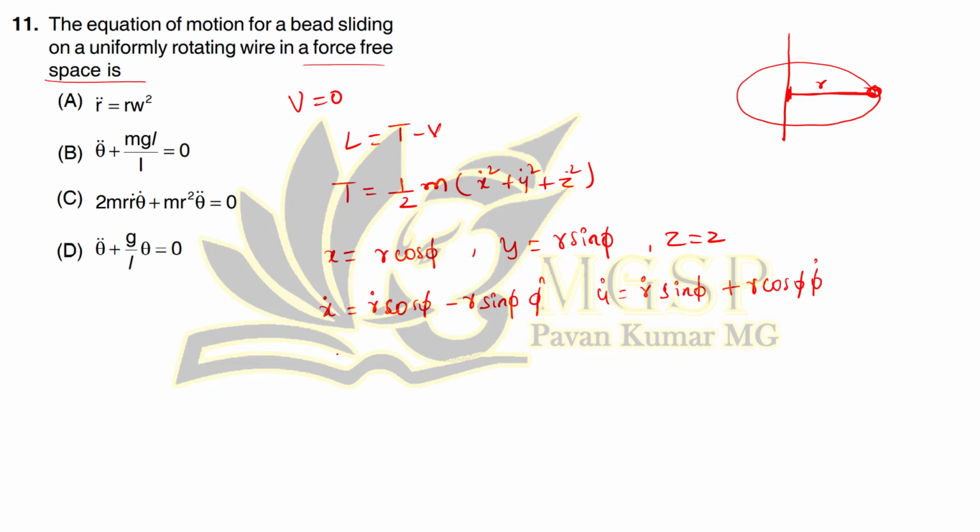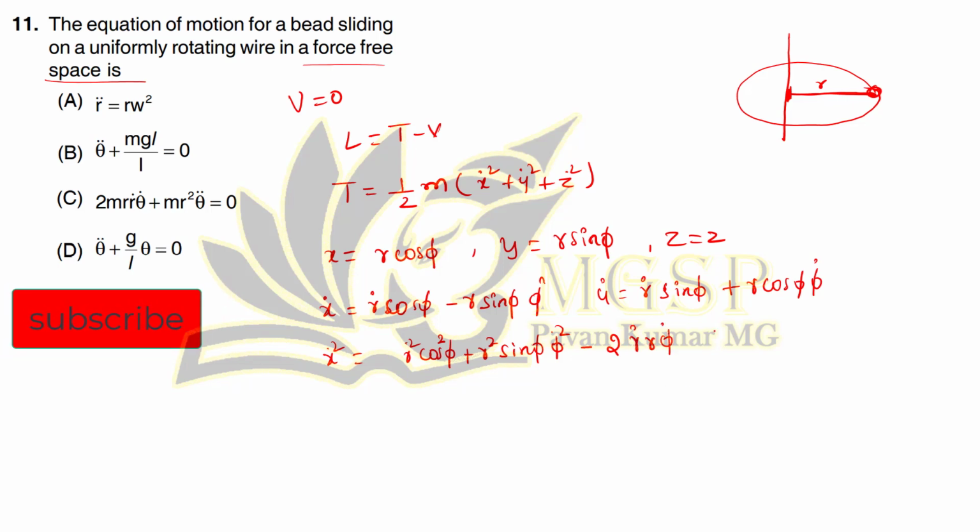Now x dot square is r dot square cos square phi plus r square sin square phi into phi dot square minus 2 r dot r phi dot cos phi sin phi.